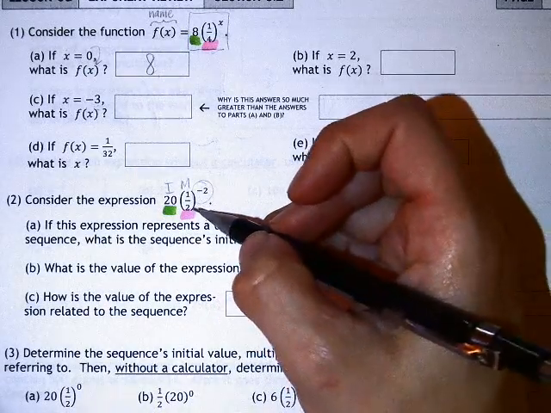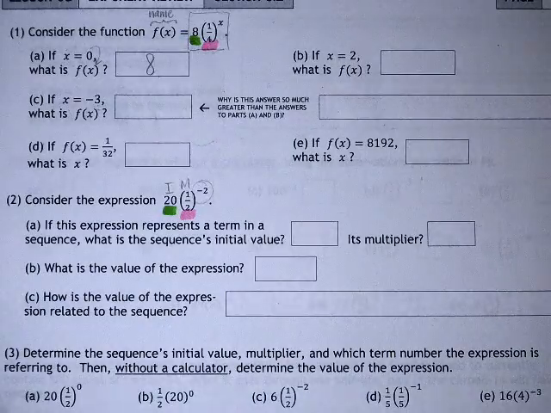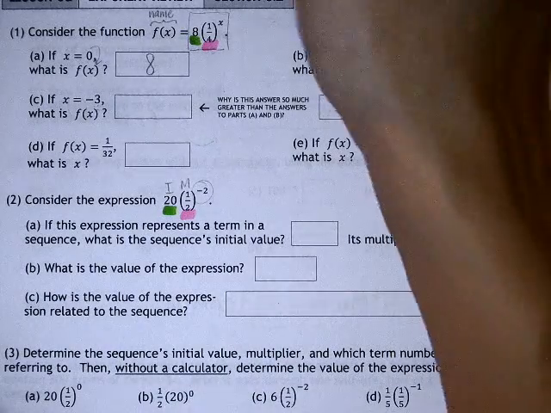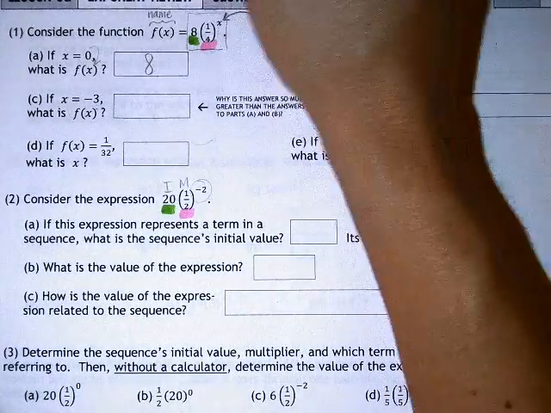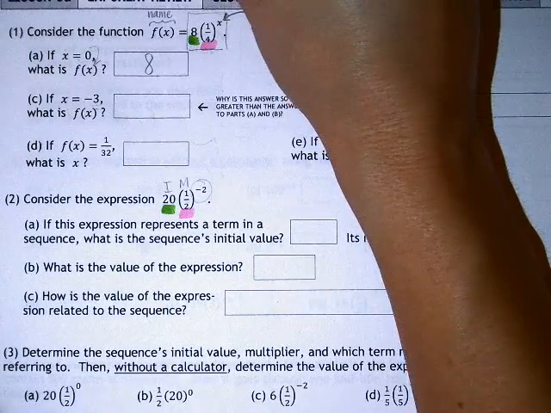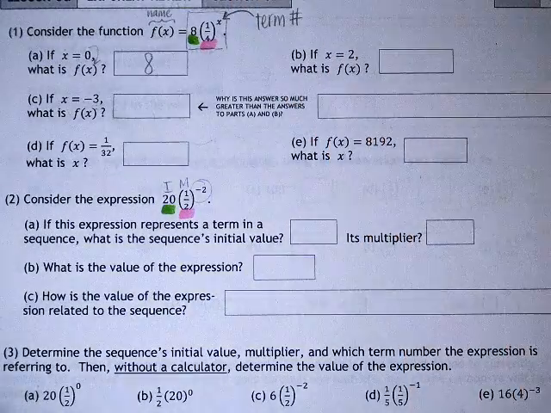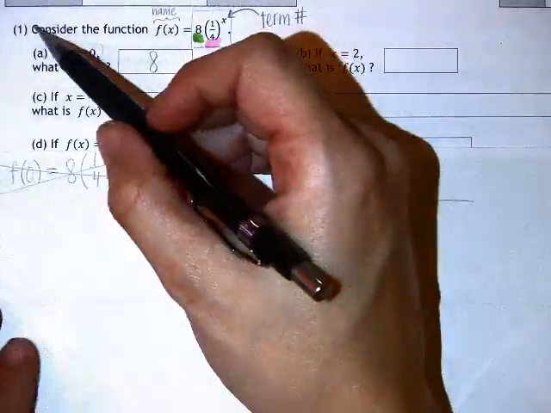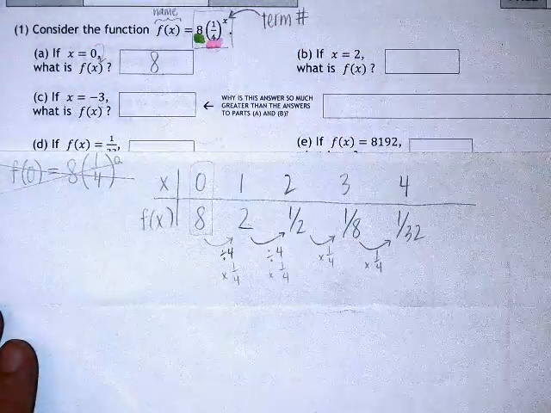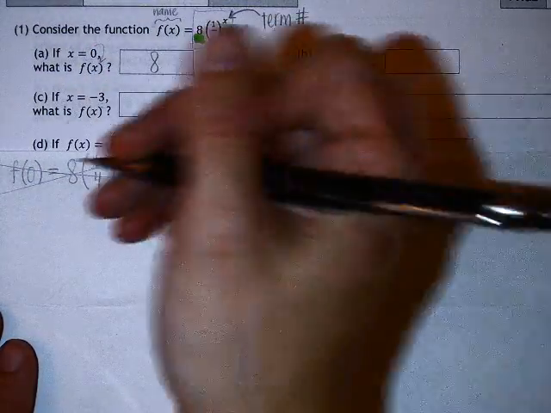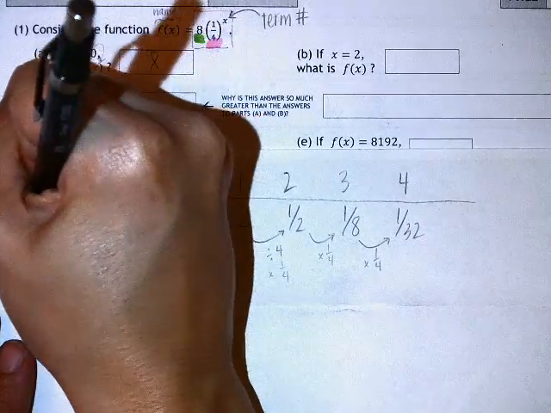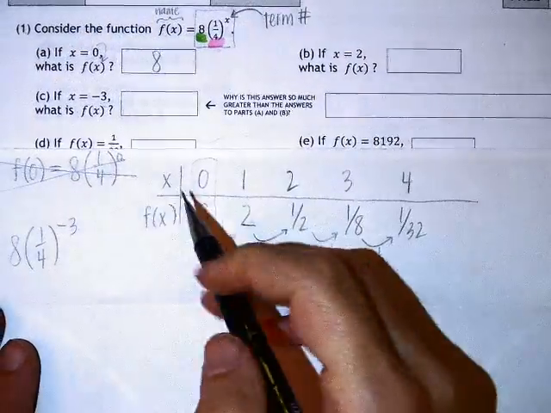So hopefully, based on what you saw in the previous example, we realized that the exponent was just telling us which term number we were referring to in a sequence. So for example, in number 1, letter C, when we said if x equals -3, we were really talking about 8 times 1/4 to the power of -3.